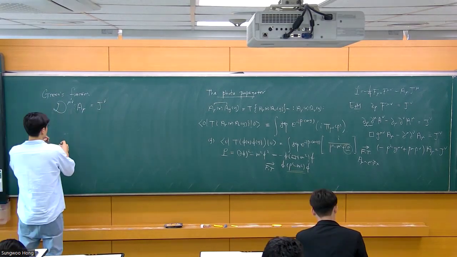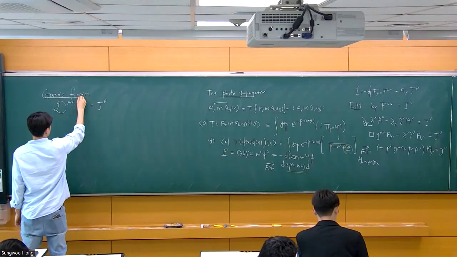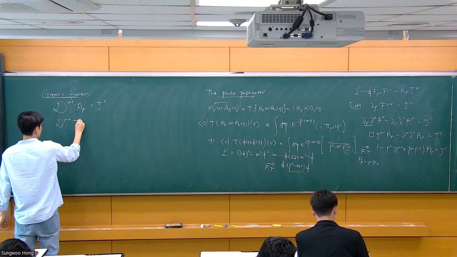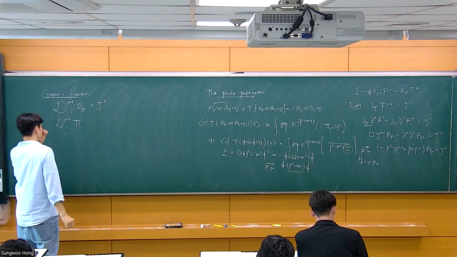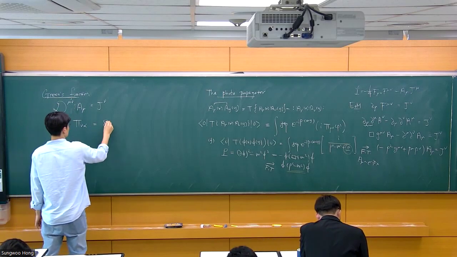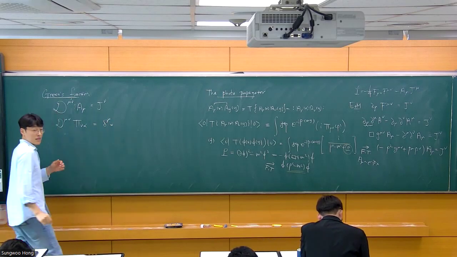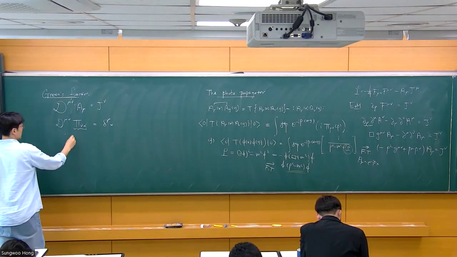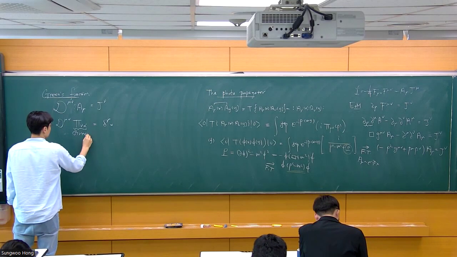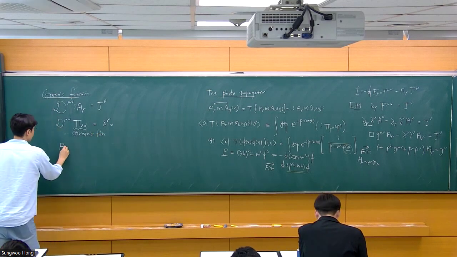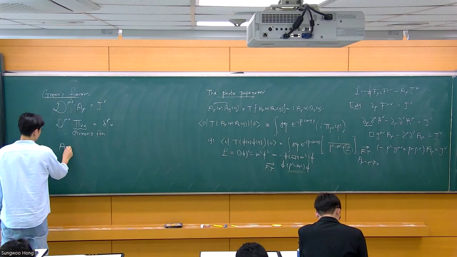Then the Green's function is basically defined by taking the differential operator acting on it to give a delta function. Once I can determine my Green's function, then the photon field can be obtained.